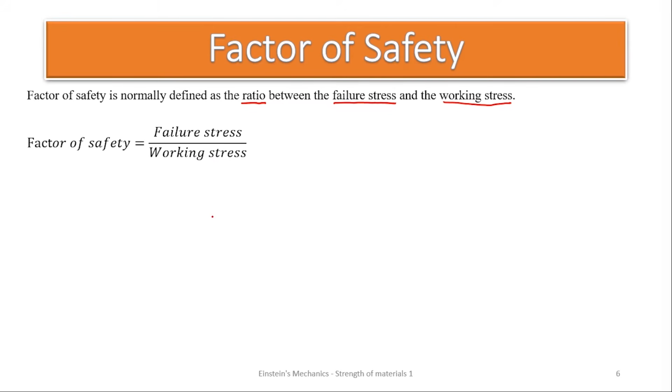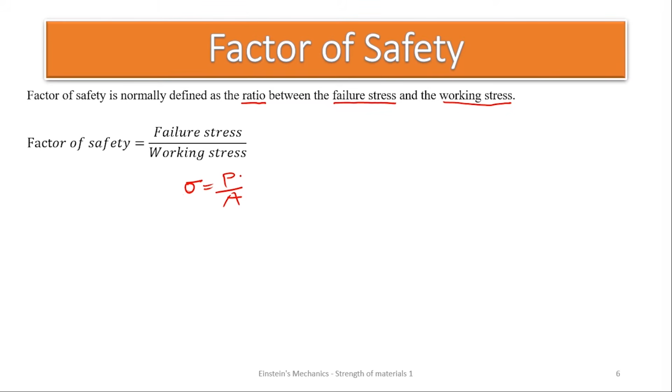So when designing a structure, a safety factor has to be taken into account in order to ensure the working stresses keep within safe limits. We know that stress is calculated from force on area.